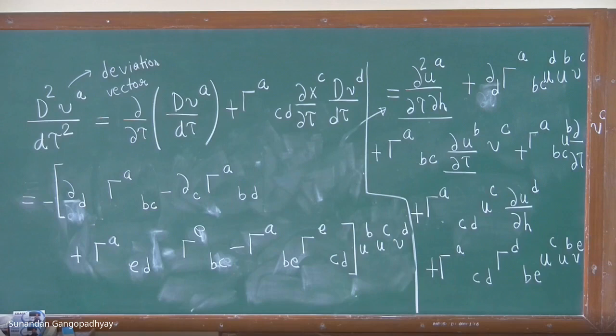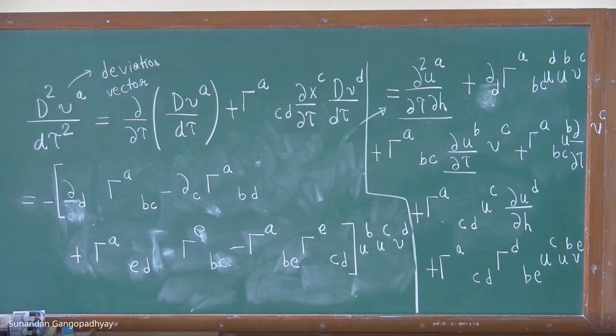Gamma D ABC minus C ABD plus gamma AEB EC minus gamma ABE gamma ECD. So this is fine.